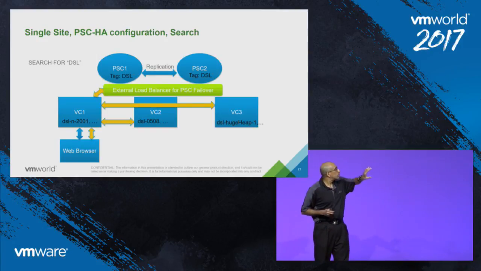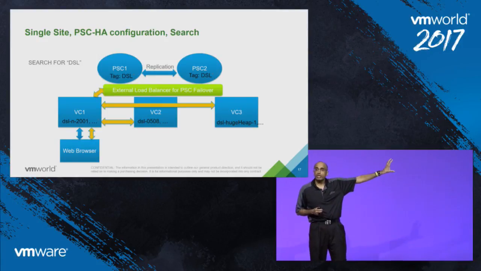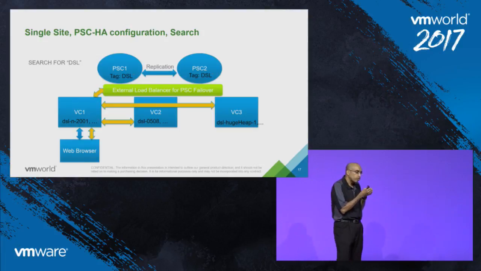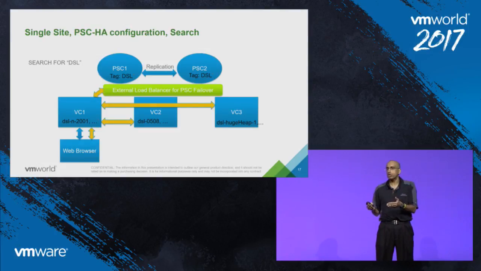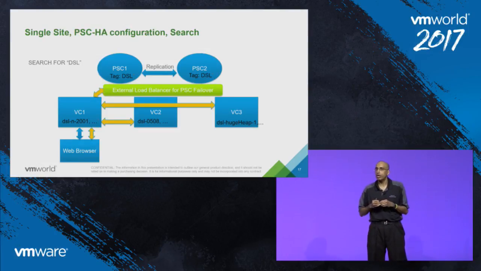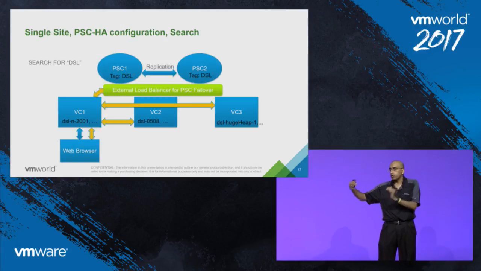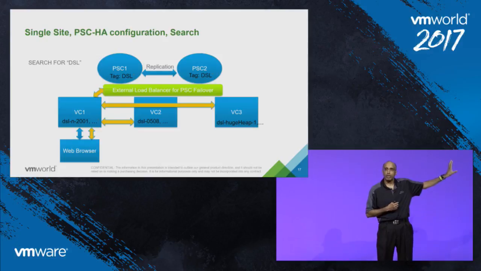In addition, the web browser is talking to one of your vCenters, specifically to one of the vSphere client processes. That vSphere client process has to collect all of the results so that it can present them to the web browser. And if that result set is very large, you might need more heap size for that vSphere client process than you would if you were not in one of these enhanced linked mode configurations.